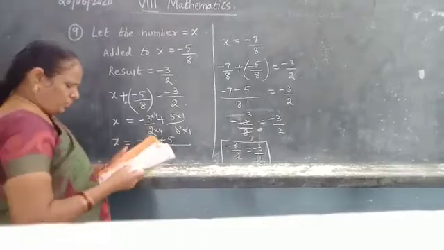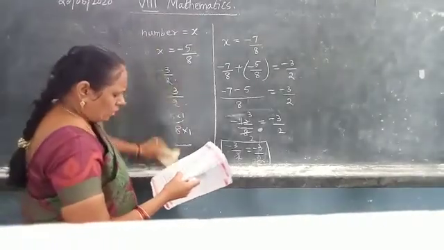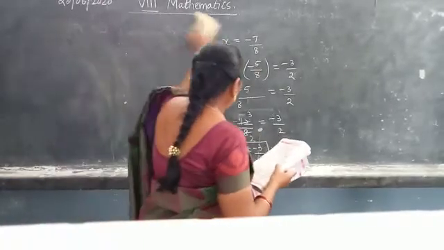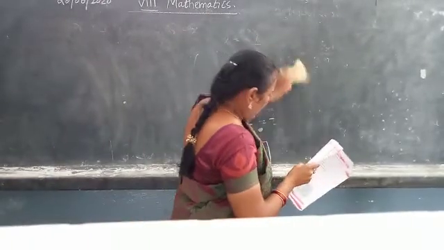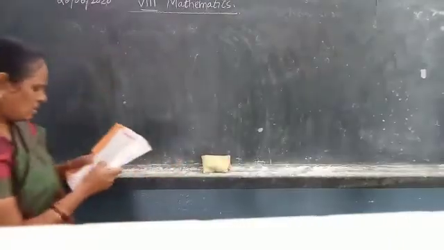Next we go to the 10th solution. What is the 10th question? The sum of two rational numbers is 8. If one number is minus 5 by 6, find the other number.